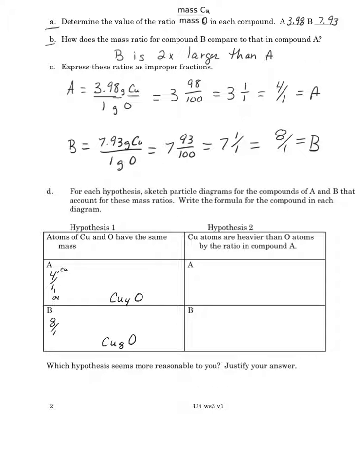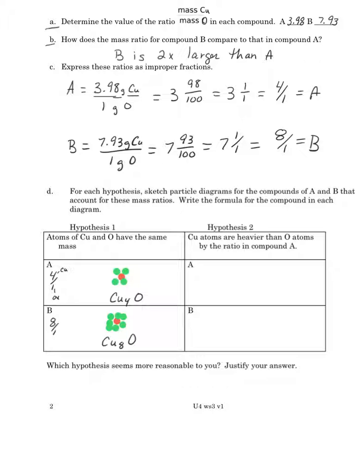So let's go ahead and draw these in. I'm going to use red for oxygen, and I'm going to use green for copper. So there's hypothesis 1 for compound A. And I'm going to go ahead and do compound B. So there's my compound B, Cu8O.